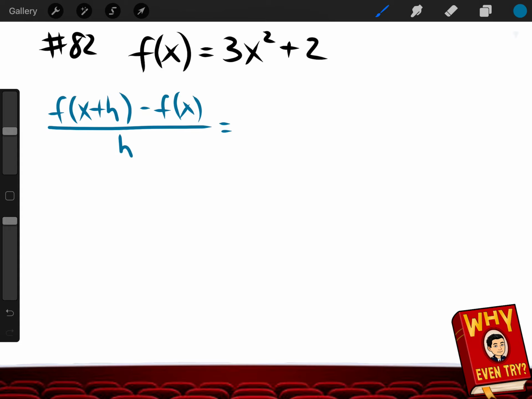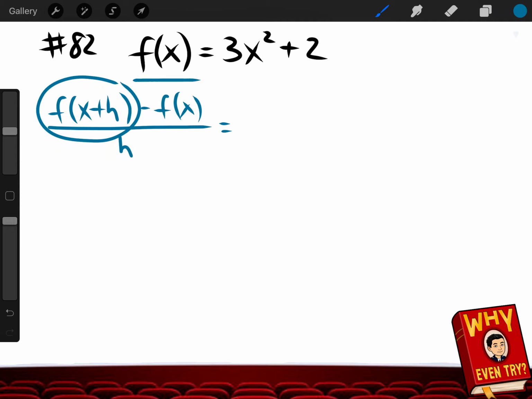So what I'm going to do is f of x. Okay, let me rewrite this. So you're going to have f of x plus h. So what is f of x plus h equal to?